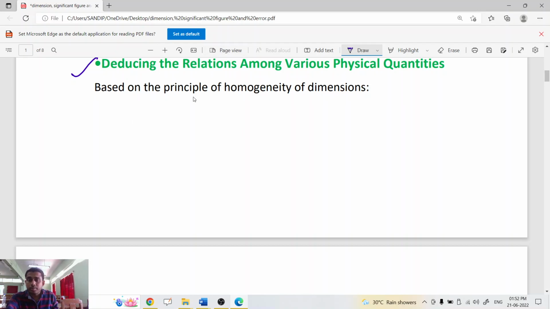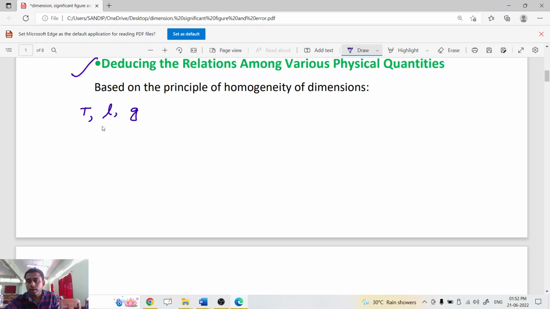Suppose we want to find out a relation between different quantities, so we have to know their dimensions. Using the dimensions we can easily find out the relation between different quantities. Like, suppose we have to find out the relation between time period, length and acceleration due to gravity.